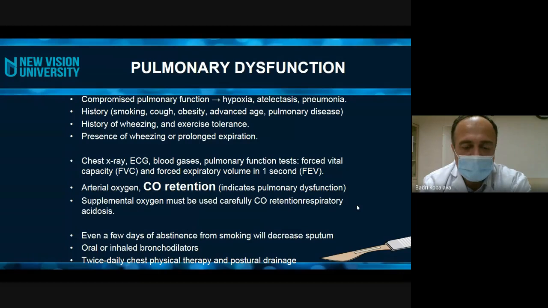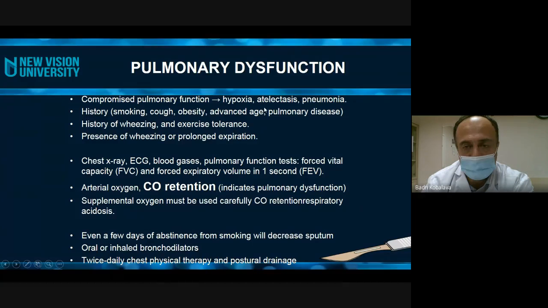And chest physical therapy means using special devices which create positive pressure during expiration to expand the collapsed lung.